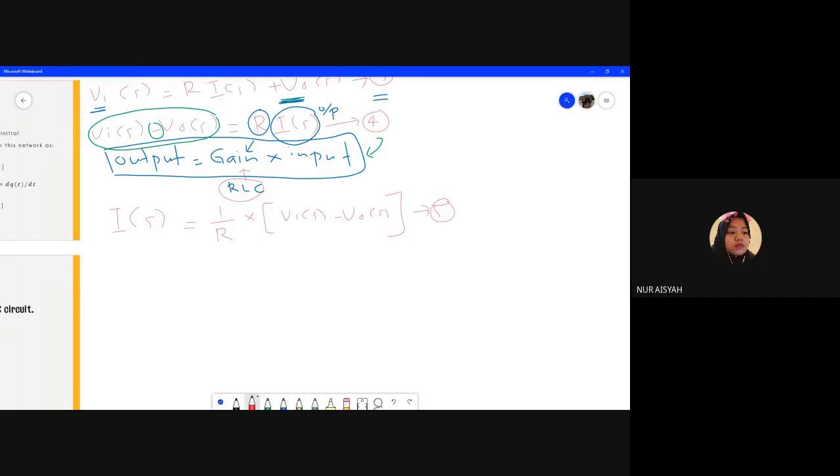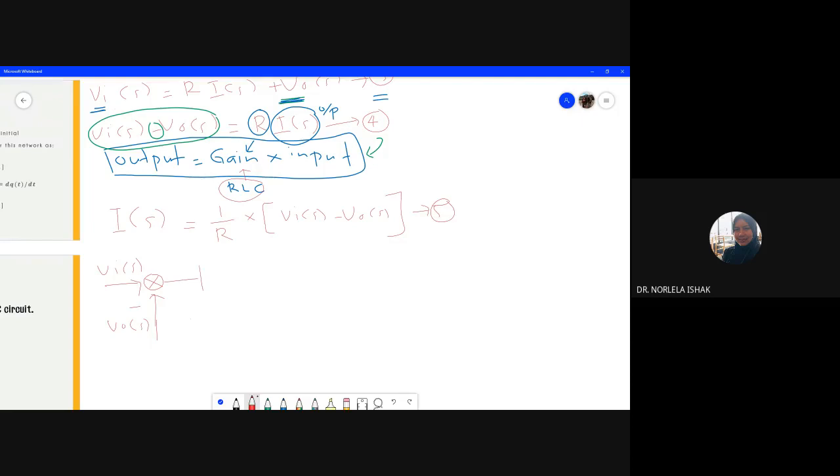For equation number 5, we can draw the block diagram. We have two inputs, meaning we have a summing point here. This is the VI, this is the summing point, and minus because we have minus there, and this is V naught, V naught(s).